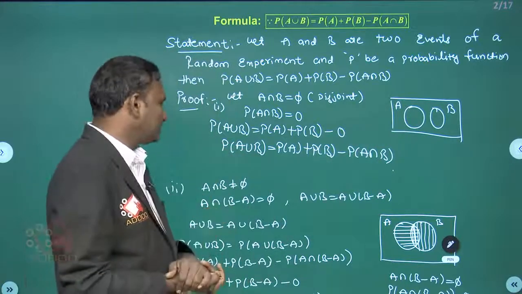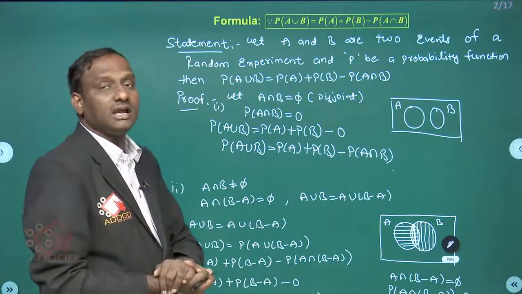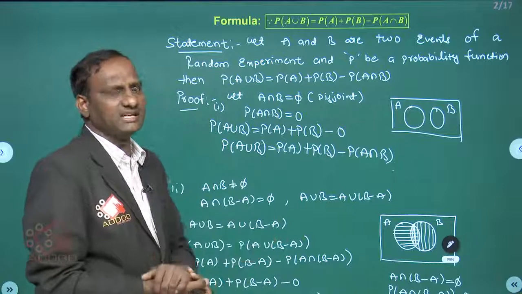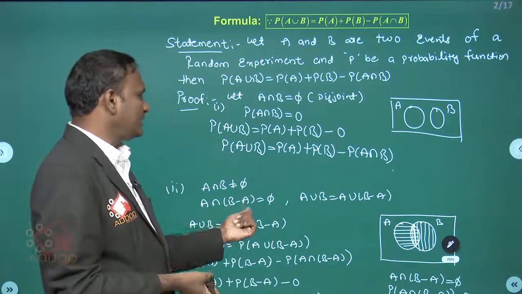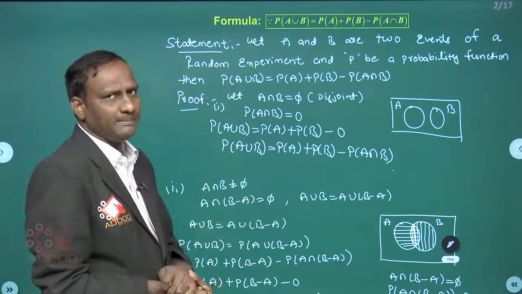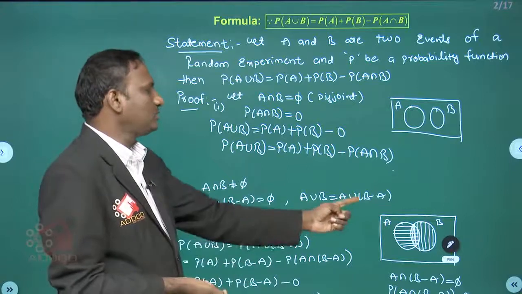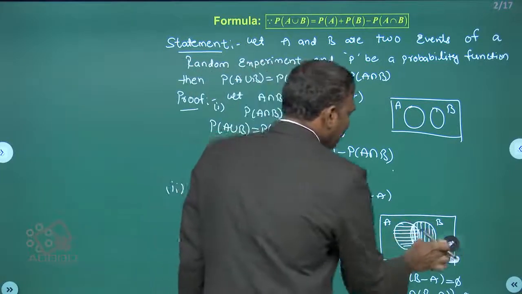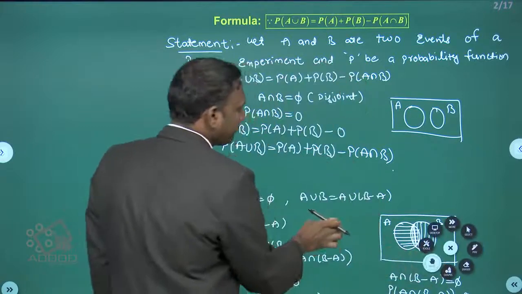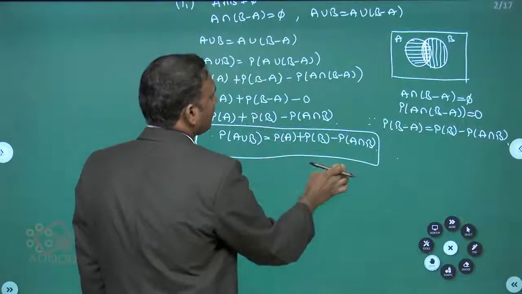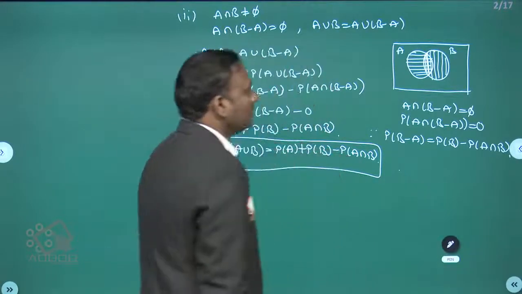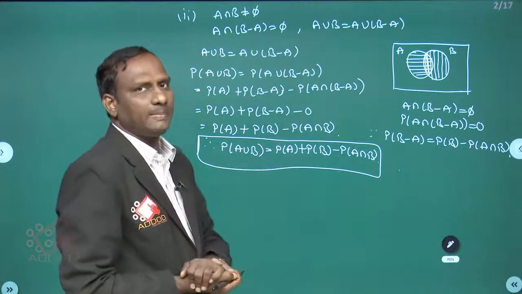Next, the second case: A intersection B is non-empty, in the sense something is in common. Here A intersection (B minus A) is equal to empty. Next, A union B is equal to A union (B minus A). Coming to the figure, this is that figure.